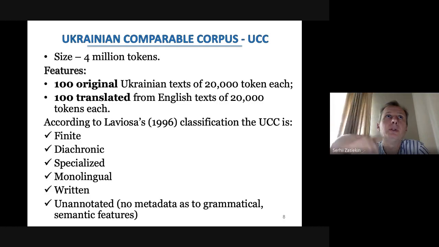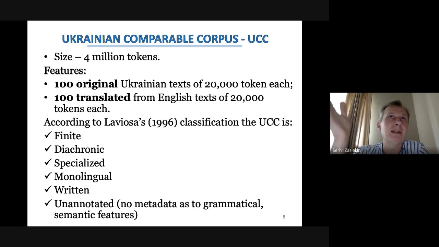According to Sarah Laviosa's conception, a classification of corpora intended for translation analysis, our corpus UCC was finite and diachronic, that is, it contained texts written by different authors at different times, for example, the 18th, 19th and 20th centuries.